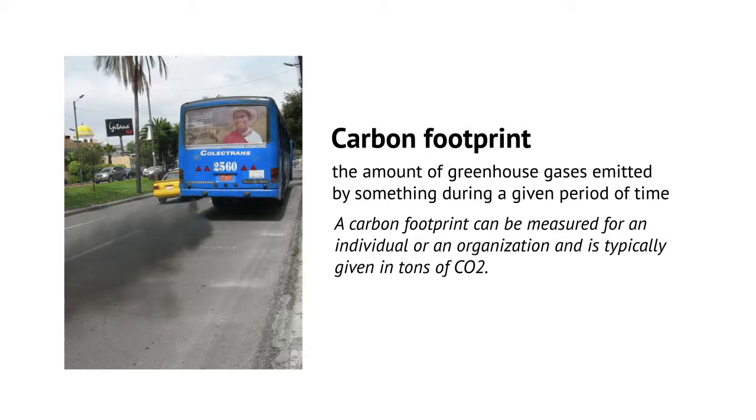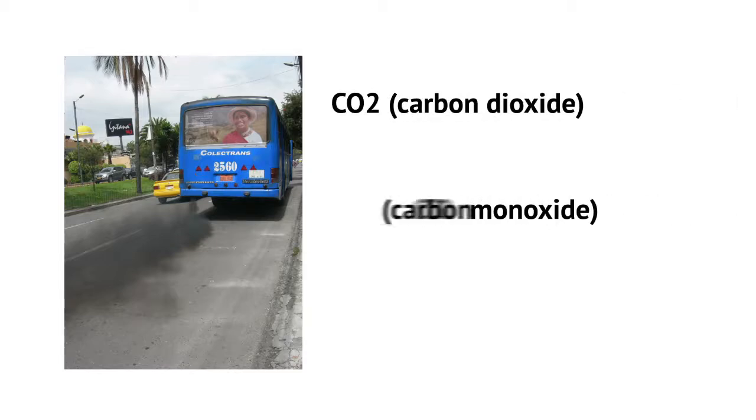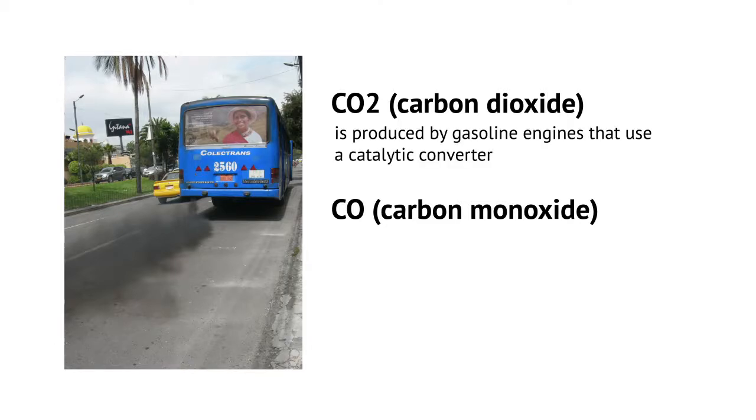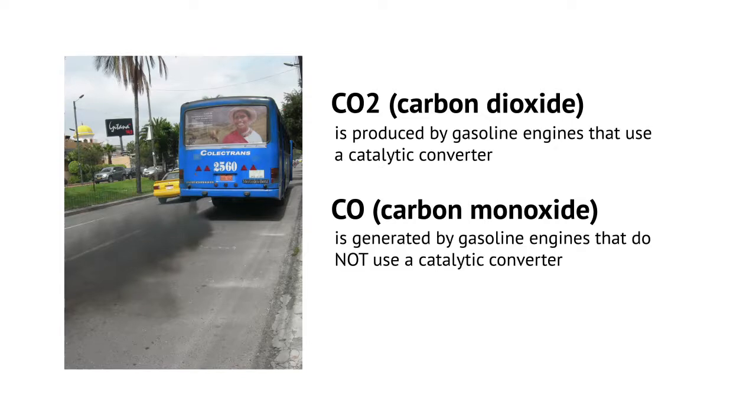There are two gases which people often confuse: CO2, which is carbon dioxide, and CO, which is carbon monoxide. Their names are similar, and they are both dangerous in high concentration. So, my best explanation is CO2 is produced by gasoline engines that use a catalytic converter. CO is generated by gasoline engines that do not use a catalytic converter. I hope this clarifies the difference for you.